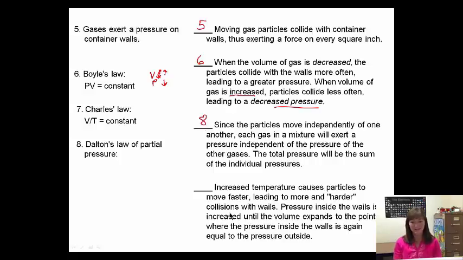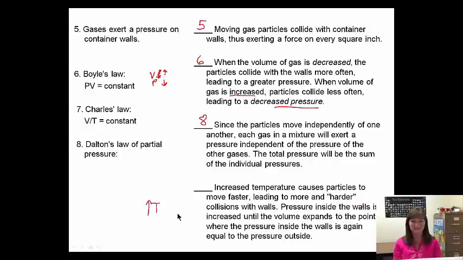And then our last one: increased temperature causes the particles to move faster, leading to more and harder collisions with the walls. That's a typo, that should be walls. Pressure inside the walls is increased until the volume expands to the point where the pressure inside the walls again equals the pressure on the outside.